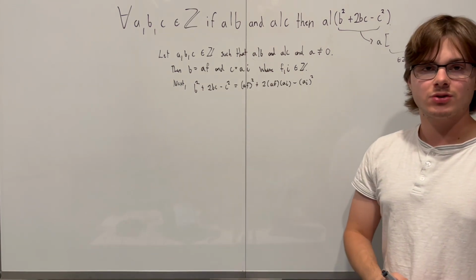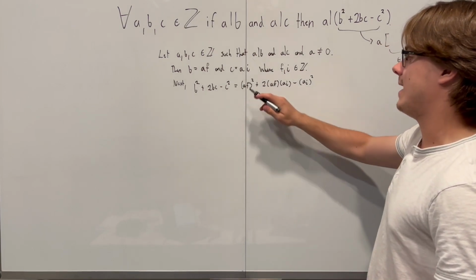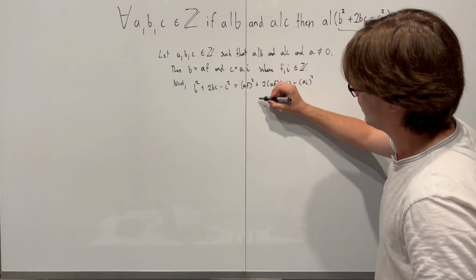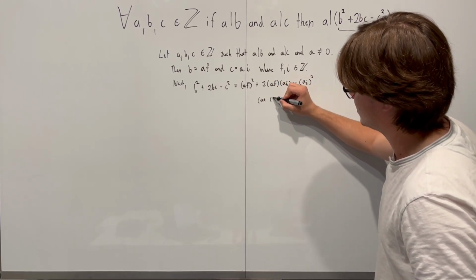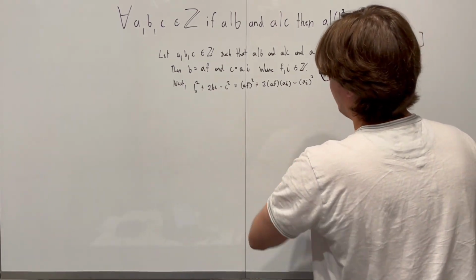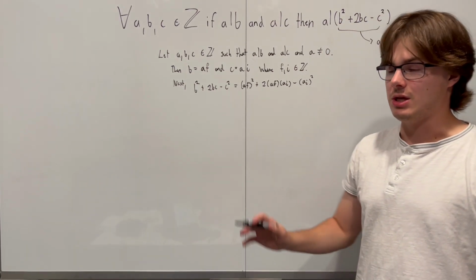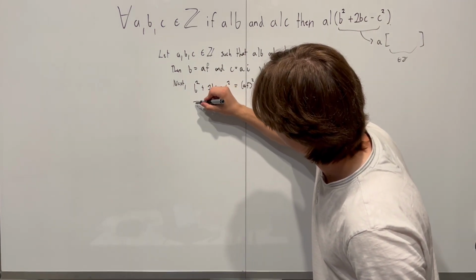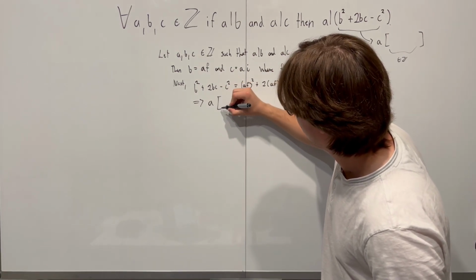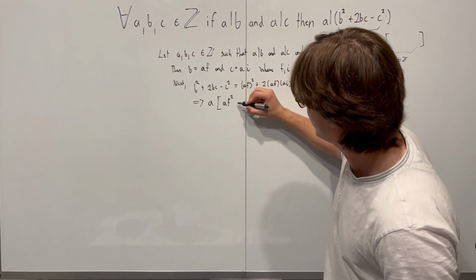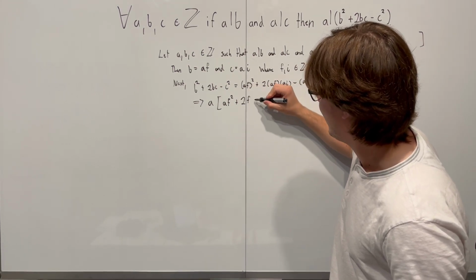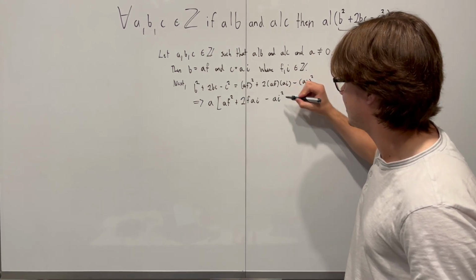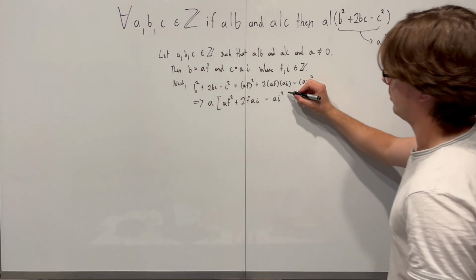In the previous two examples, like I mentioned at the beginning, I expanded the brackets or simply rewrote these as a times f, a times f. But here I'm just going to assume you've watched all that. You can immediately see that you can factor an a out of all of this. So this is the same as a multiplied by af squared plus 2fai minus ai squared. Fantastic. Oh, and we want to close the bracket.